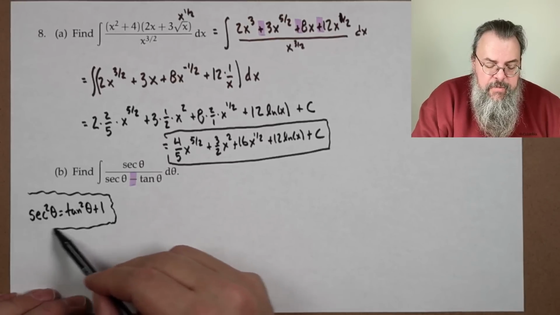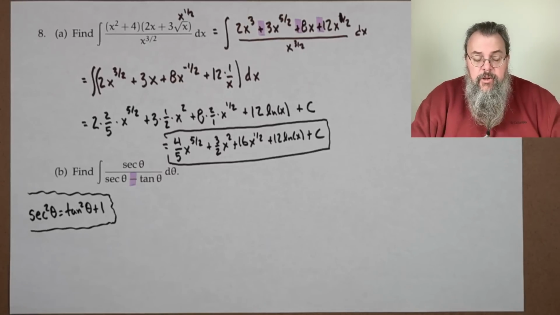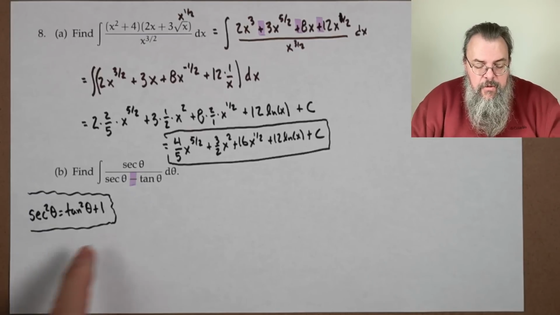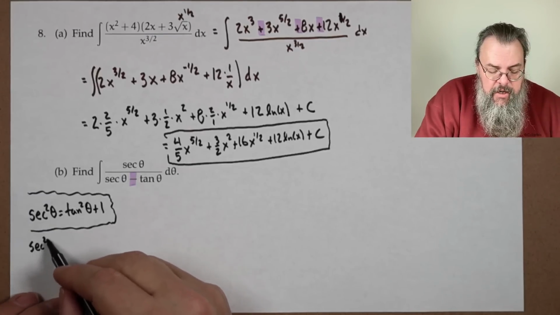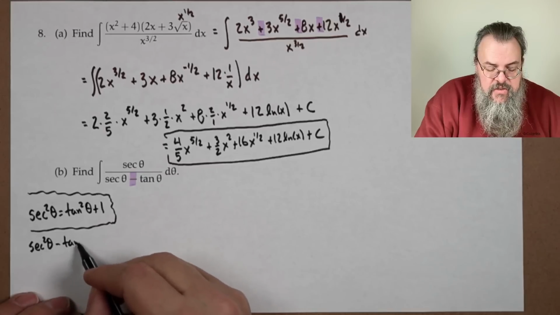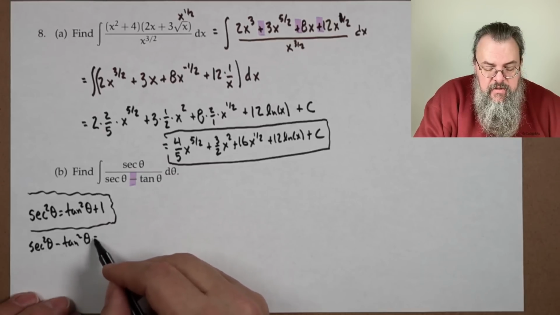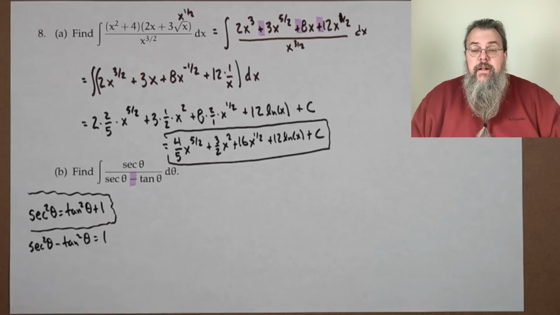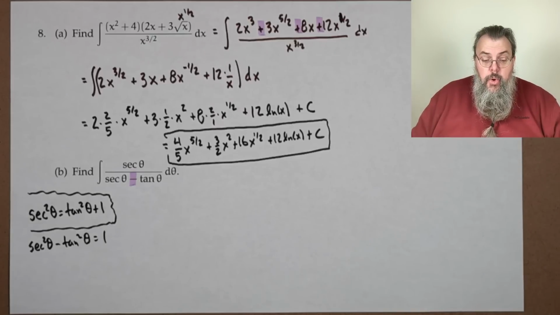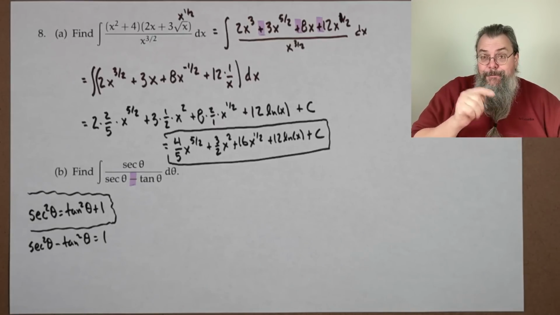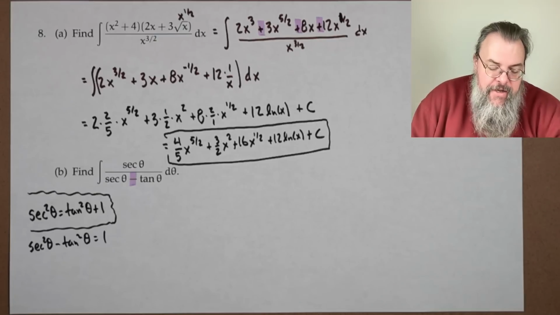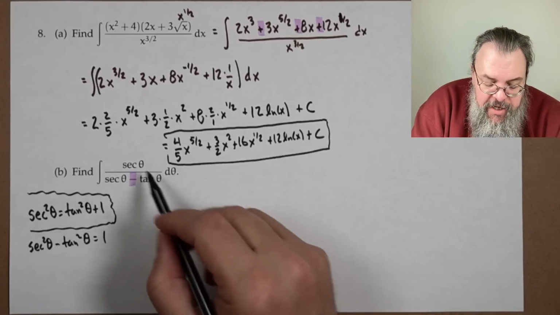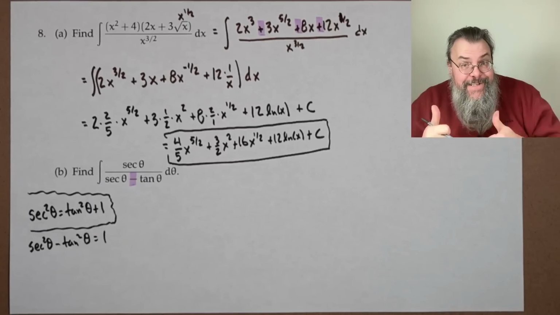Now, how can that help us? Well, one thing it tells us is if you move the tangent squared across, you get that secant squared minus tangent squared is equal to 1. And you're like, oh, that could be helpful. Now you might say, okay, so we just put a bunch of squares and we're good to go, right?